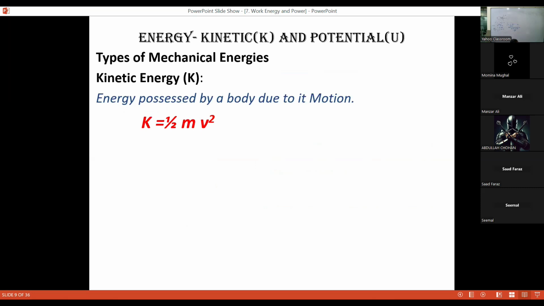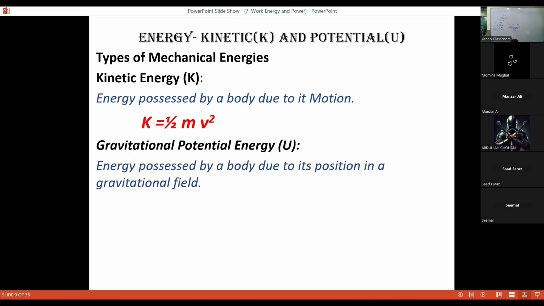What is gravitational potential energy? Energy possessed by a body due to its position or height against a gravitational field, but you have to add "in a gravitational field". The formula is mgh. Okay, sir. What is elastic potential energy, by the way?